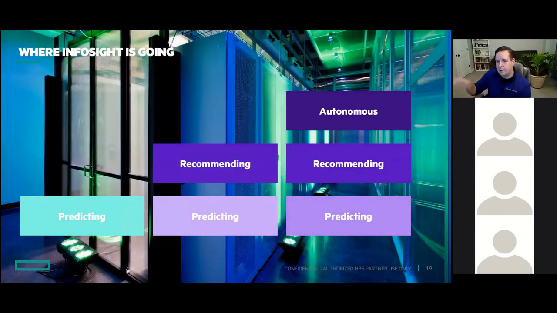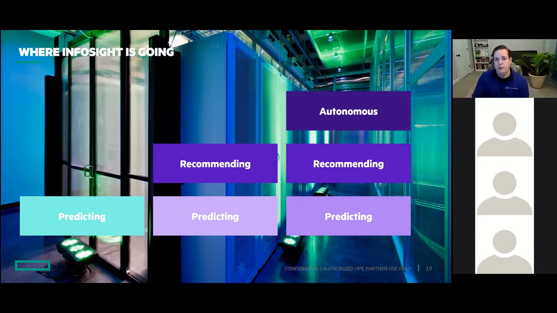And what we're taking here is, we started at predicting, right? So we did that, I don't know, about 7, 8 years ago. We started doing predictive support, predictive replacement of hardware before it went bad. We've now moved into this middle piece where we're doing recommendations. We're doing live recommendations based on real live data, almost in real time, based on what we know about an environment, what we see about usage patterns, what we understand about our own hardware, but it's all read-only, right?